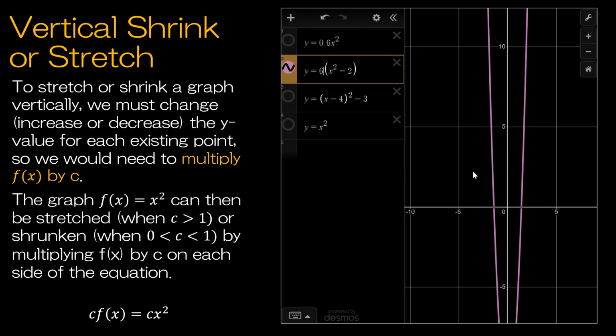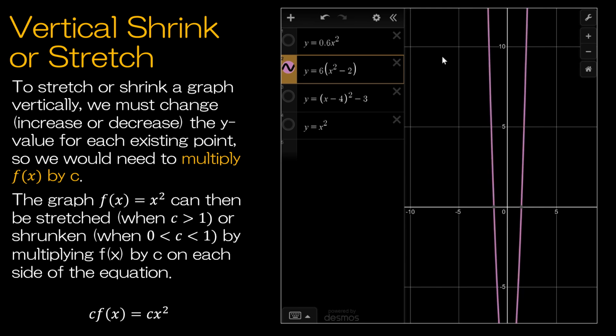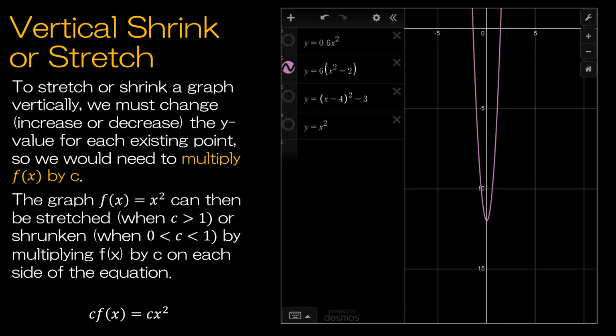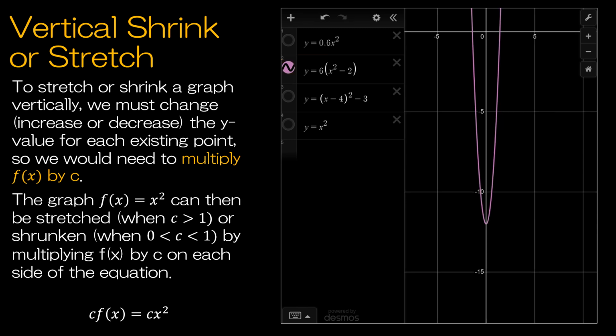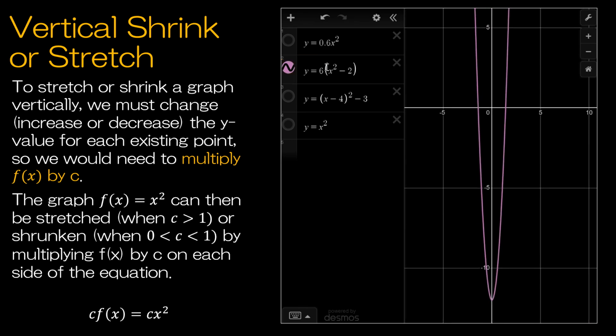Now, just as we did before, before I put the 6 there, the vertex was at 0, -2. But now that I put a 6 out front, that vertex is down here at 0, -12, which makes sense because now I'm taking that 6 and multiplying it by the x squared and by the -2 to make it -12.